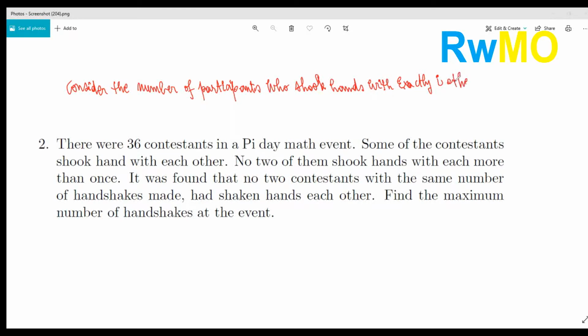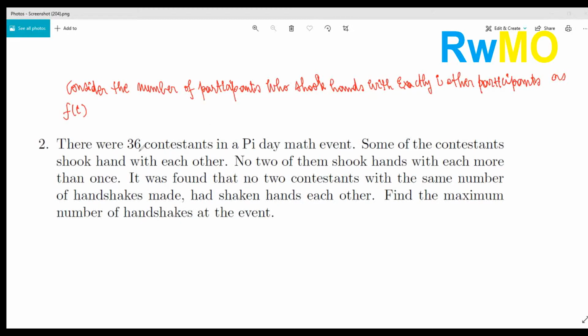Call this f of i. So we are considering this function f of i, which is the number of participants who shook hands with exactly i other participants.